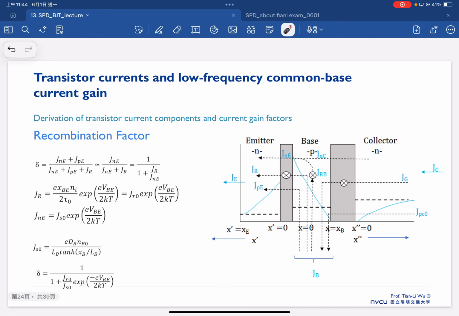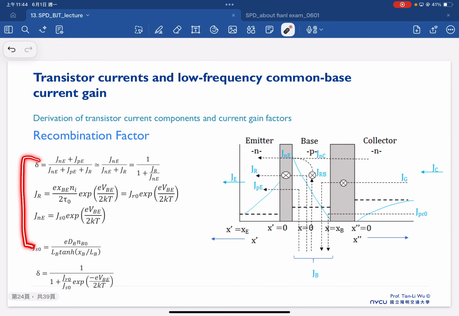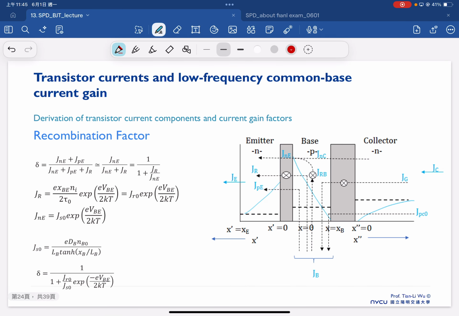The last one is the recombination factor. Also, with all this calculation, finally we get this term.